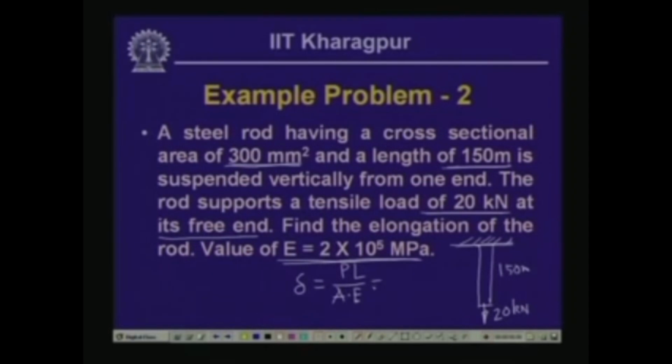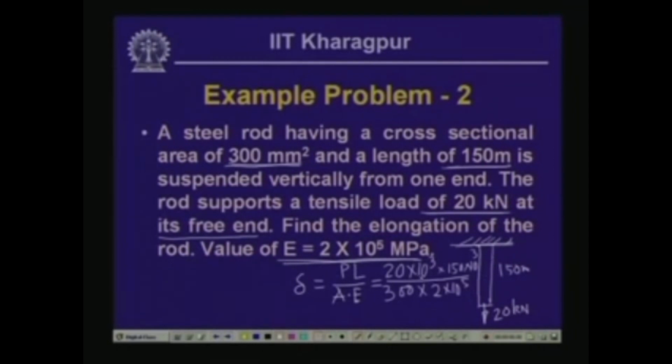So, P is given as 20 kilonewton, so 20 times 10 to the power 3 Newton, L is 150 meter, so 150 into 10 to the power 3 millimeter, divided by cross sectional area A, which is 300 millimeter square, multiplied by E, which is 2 into 10 to the power 5 Newton per millimeter square, megapascal.